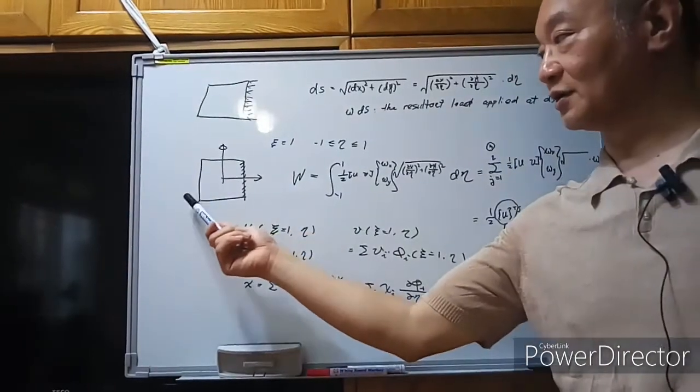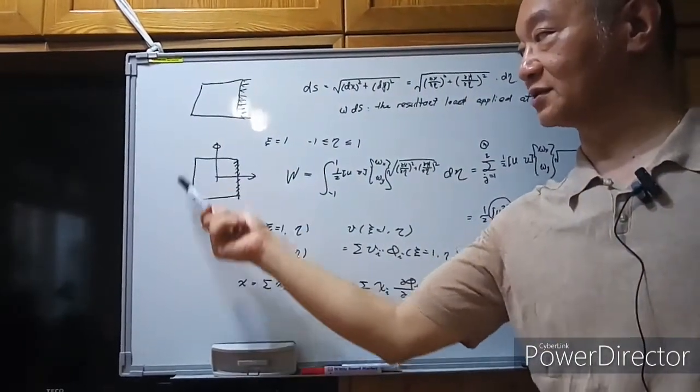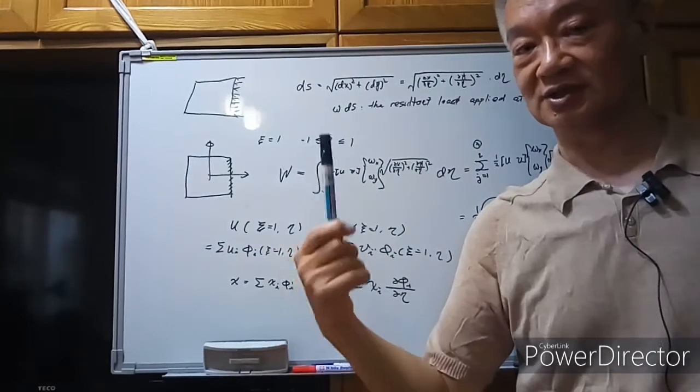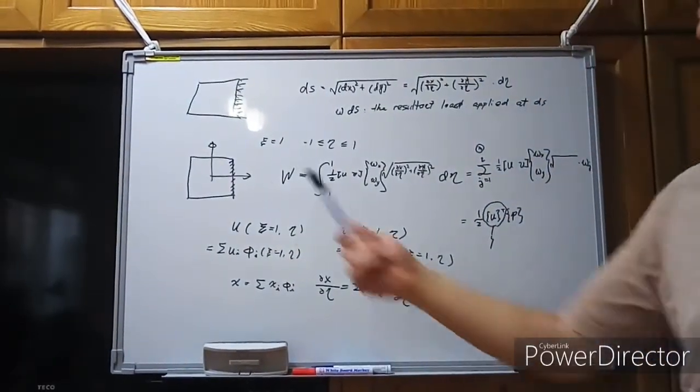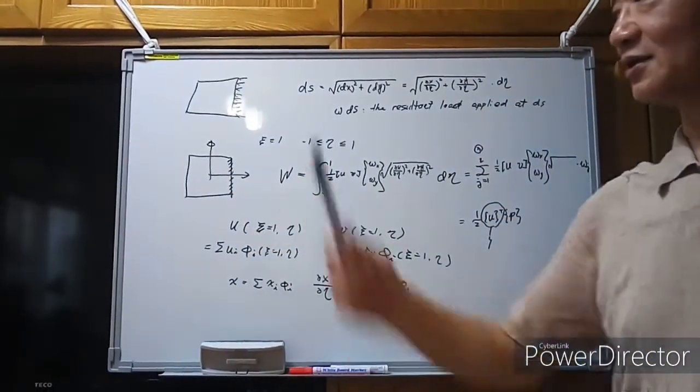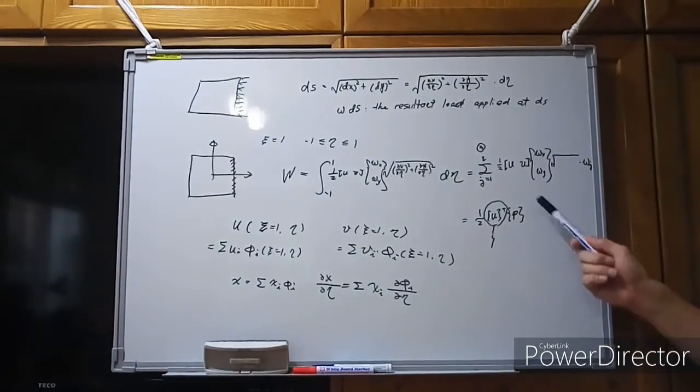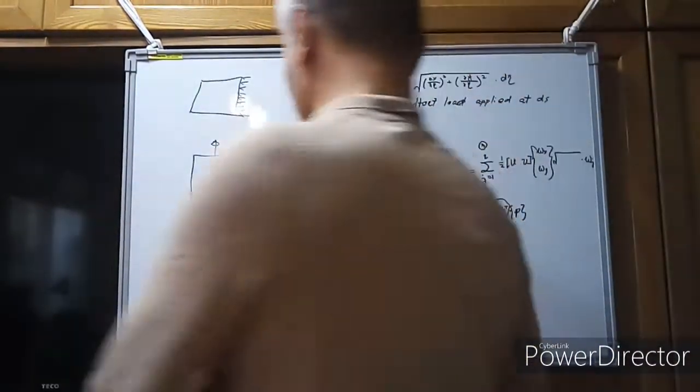So even the 4 elements for these 2 nodal points are all equal to zeros, you can still keep these 4. Okay, so that's the part you need to consider.